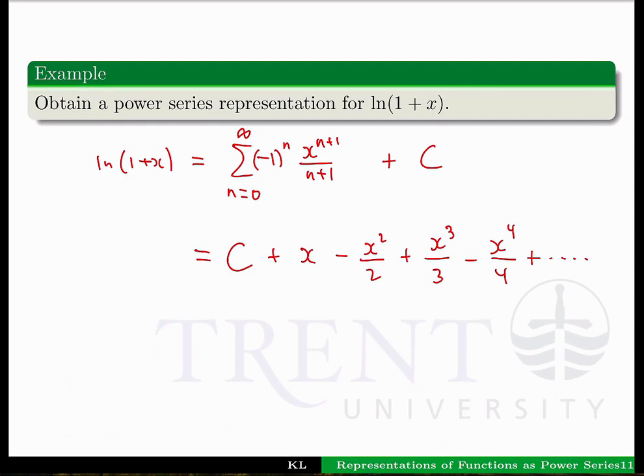Now, in here, we can take note, absolute value of negative x is less than 1. What we can do is to find the limit, we can let x equals 0. Let x equals 0. Then, on the left-hand side, we will have ln of 1 plus 0. While on the right-hand side, we'll just have c plus 0 all the way.